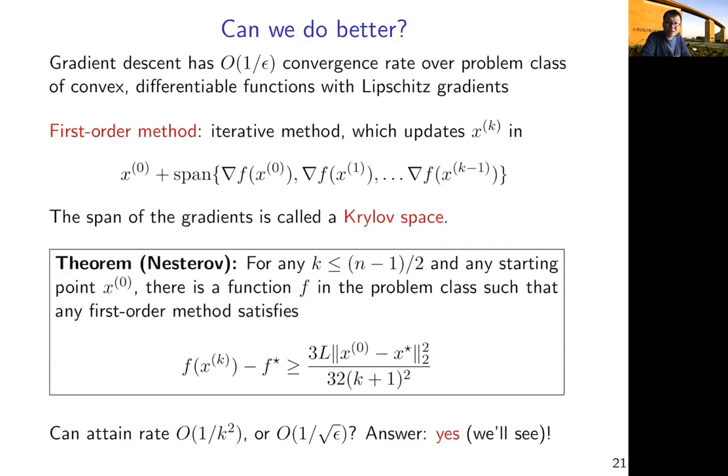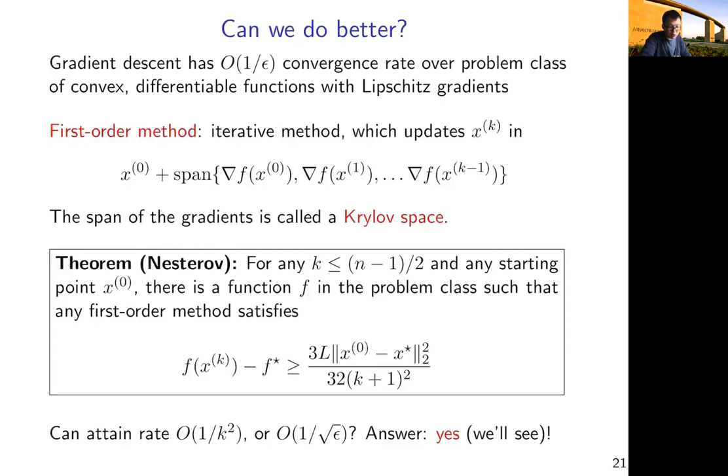Notice that gradient descent has 1/k, but the lower bound is 1/k squared. So you can actually construct algorithms that achieve 1/k squared, converging much faster than standard gradient descent for the family of gradient Lipschitz functions. This is called the accelerated gradient method, also called Nesterov acceleration.